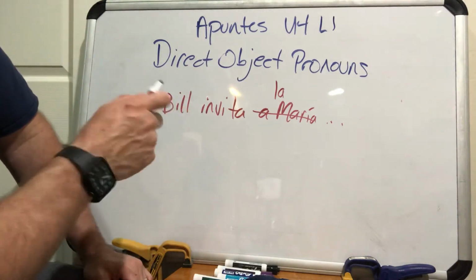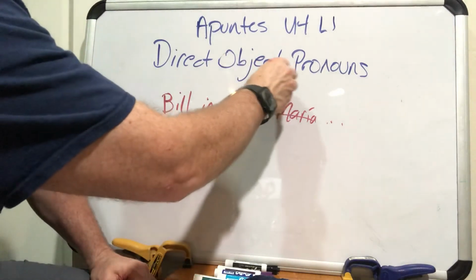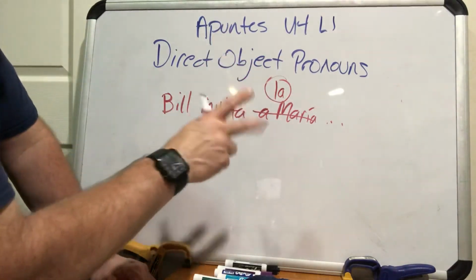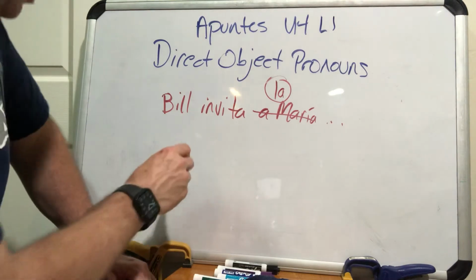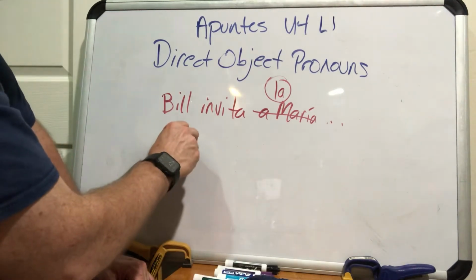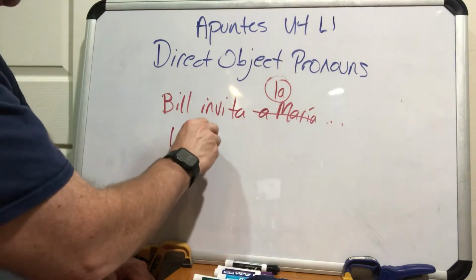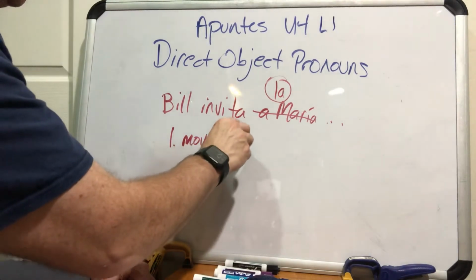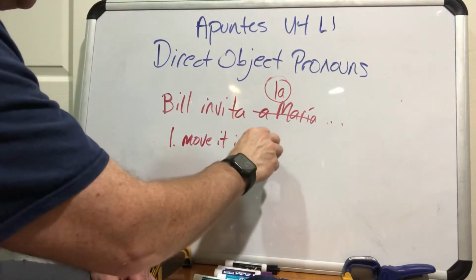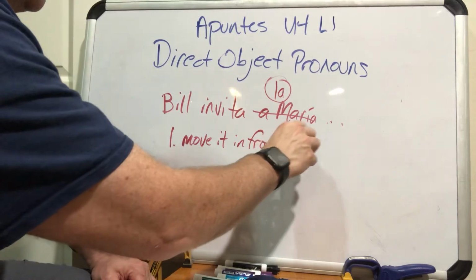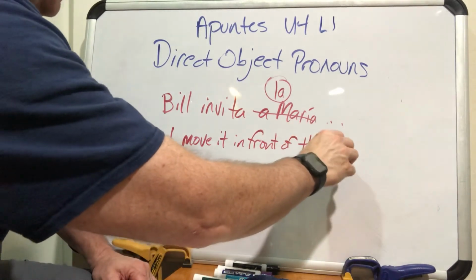Now, here's our problem. We have to move this. So the two places you can put a pronoun in Spanish are, number one, move it in front of the conjugated verb.